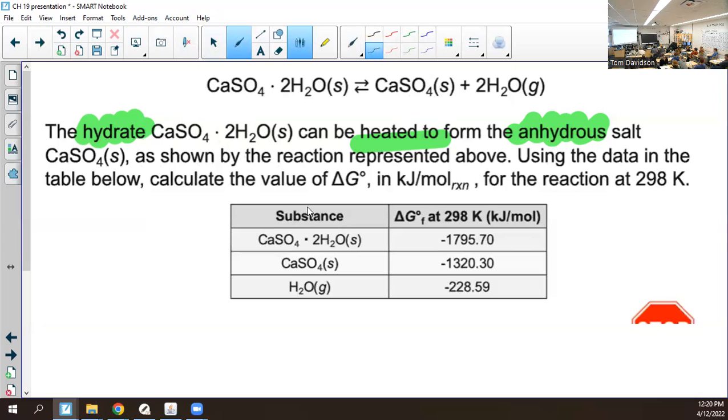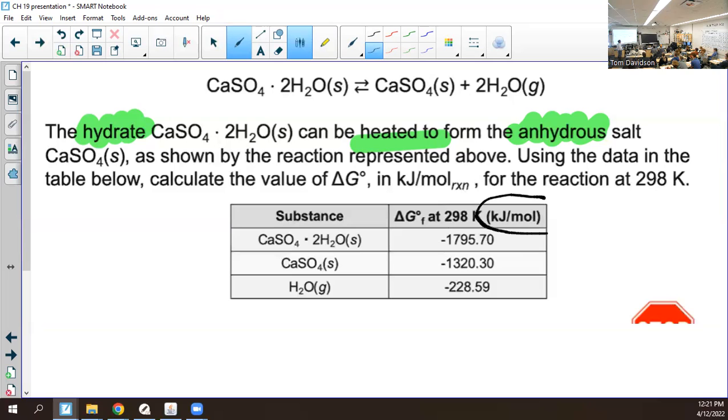Yada yada. Use the data in the table below. Calculate delta G for this reaction. So what would we do here? Okay, yep. Sum of products minus sum of reactants. I want to pause for a second and point something out. This is extremely important. This is like level 9 out of 10 importance.